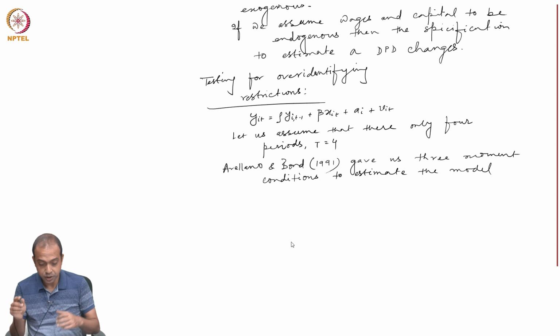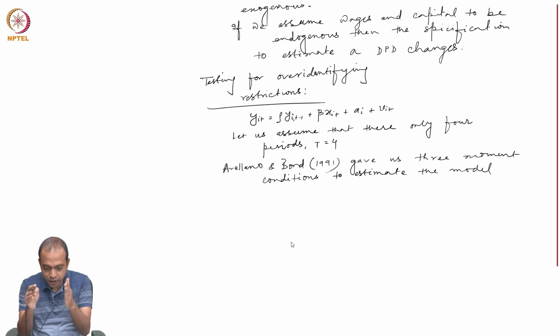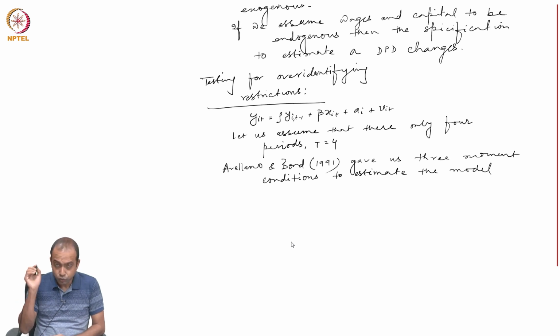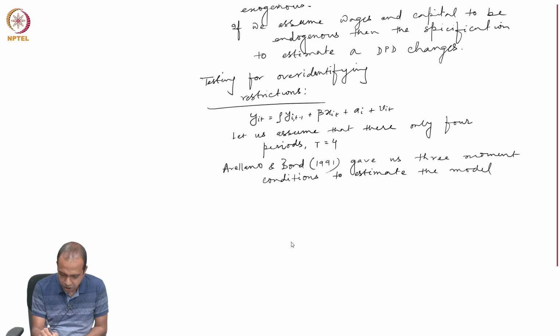As you know, this entire methodology depends on the method of moments. So, if we assume T equals 4 in this particular example, Arellano and Bond gave us 3 moment conditions. What are those?